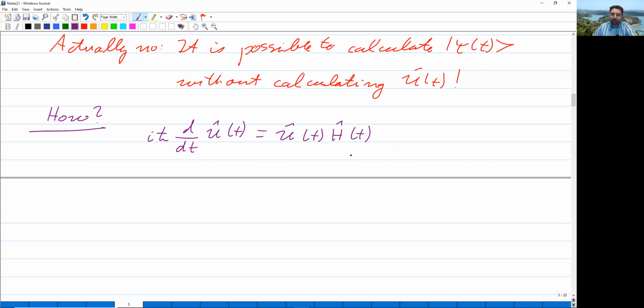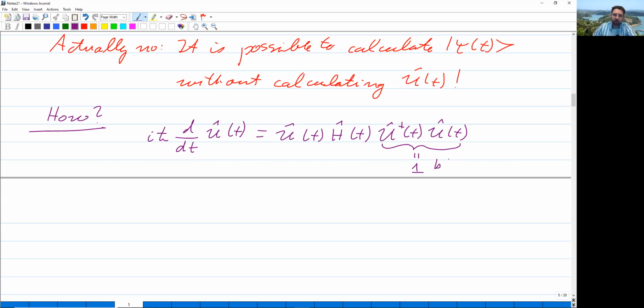Now we can multiply here u hat dagger of t, u hat of t, because this is just the identity. Why?